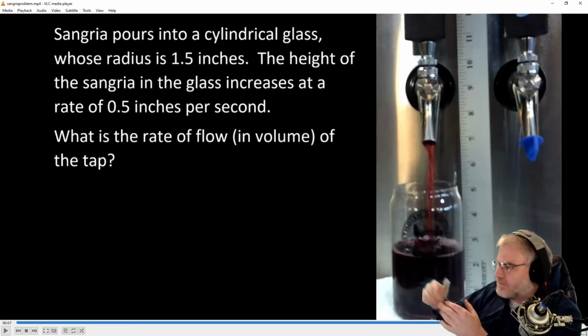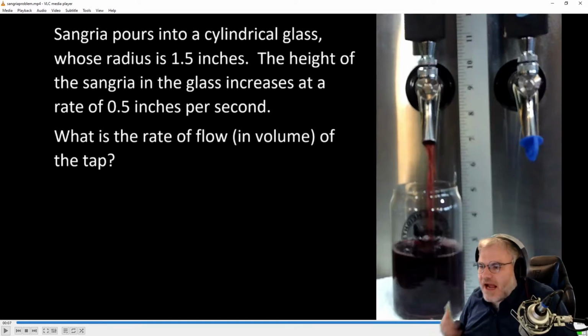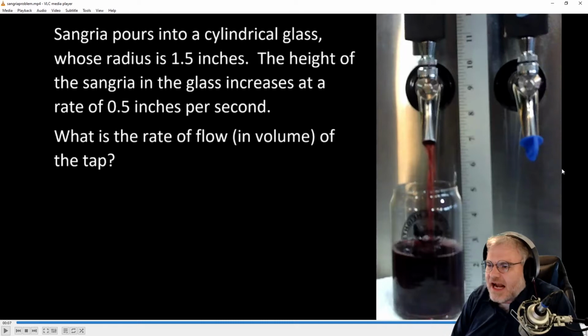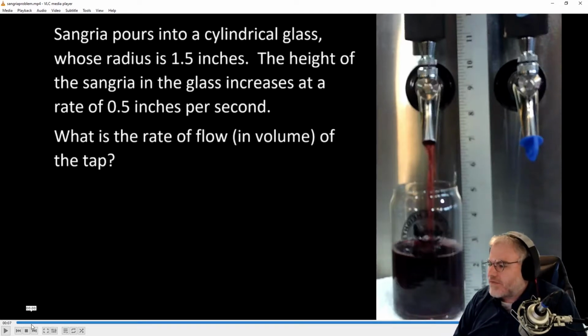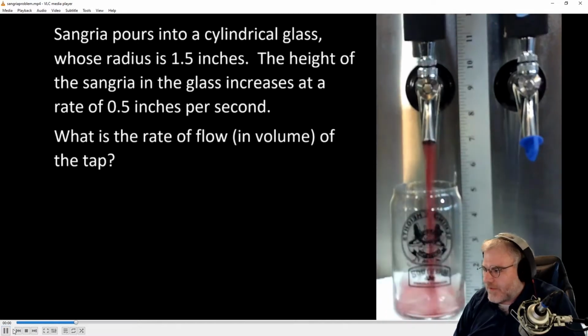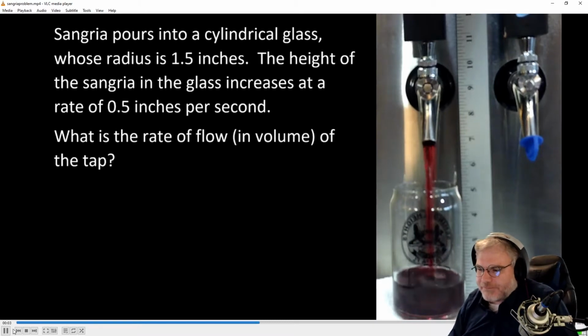It's a constant rate: 0.5 inches per second. By using that, I can figure out the volume flow from the tap. That's what's interesting. I want to know the flow of this tap when it's pressed that much in order for the sangria to come out that slowly.